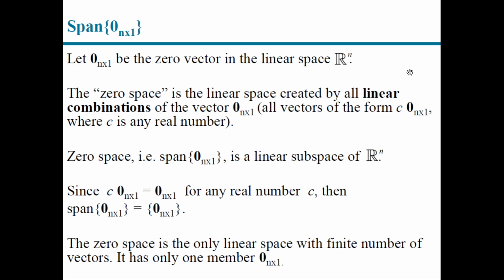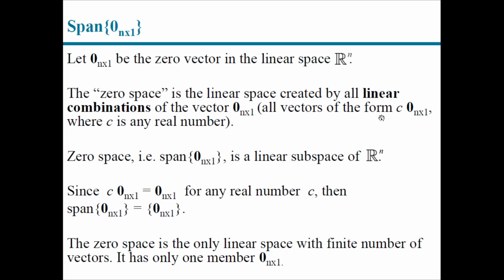So let's see some special span spaces. If I have the zero vector in Rn, I can create a span, obviously, of all linear combinations of the vector 0. Well, that creates a zero space, called the span of 0. It's the space of all linear combinations, by definition, of the vector 0.